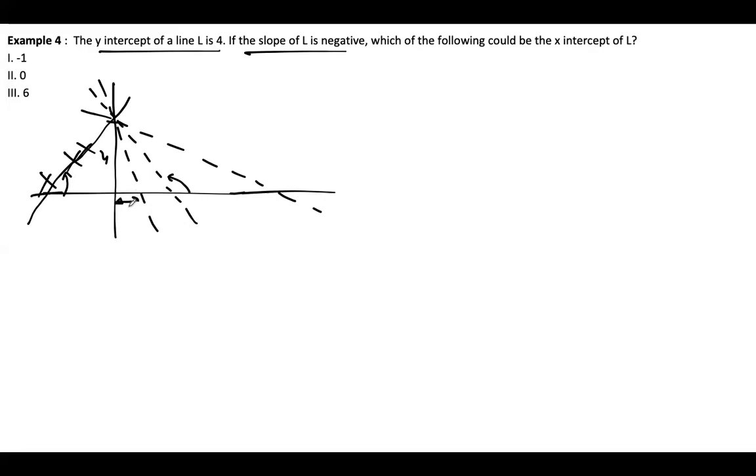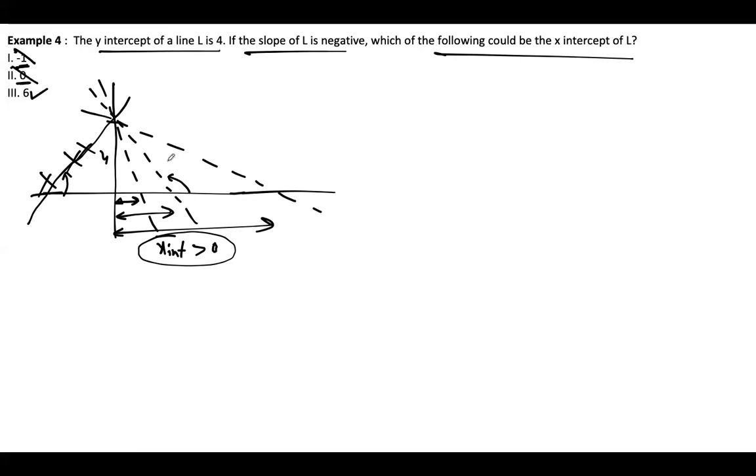So this can be the x-intercept. In all the cases, the x-intercept needs to be positive. Which of the following could be the x-intercept? Negative 1, no. 0 is also not possible, so it's just 6. Why is 0 not possible?